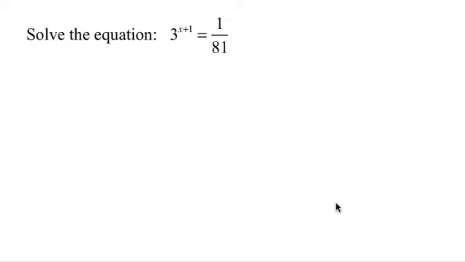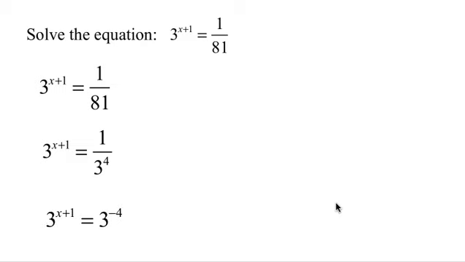So 81 is 3 to the 4th power, and we get 3 to the x plus 1 equals 1 over 3 to the 4th. 1 over 3 to the 4th is the same as 3 to the negative 4th power. So we get 3 to the x plus 1 equals 3 to the negative 4th power. If that's the case, then x plus 1 equals negative 4. Solving for x, subtracting 1 from both sides, we get x equals negative 5.